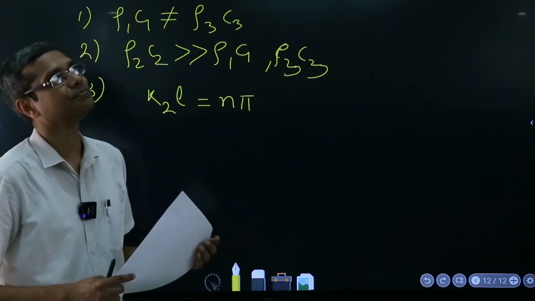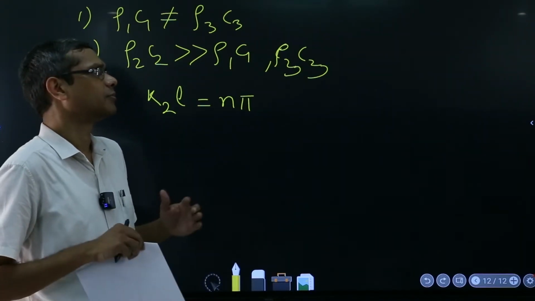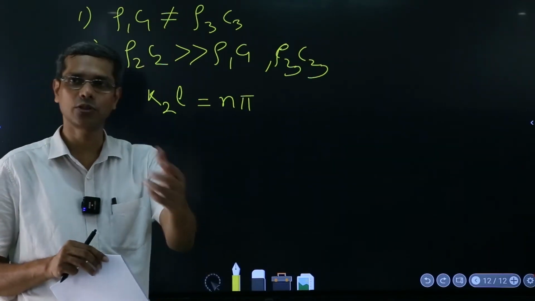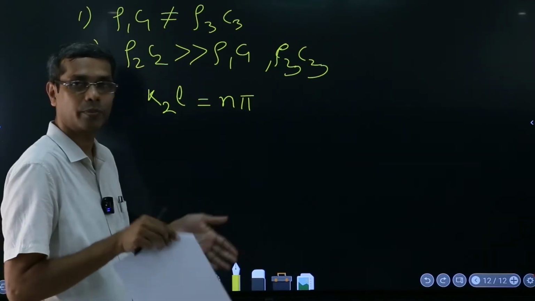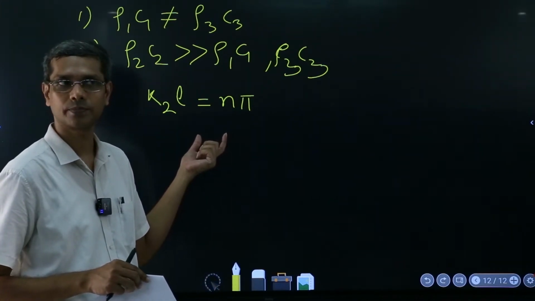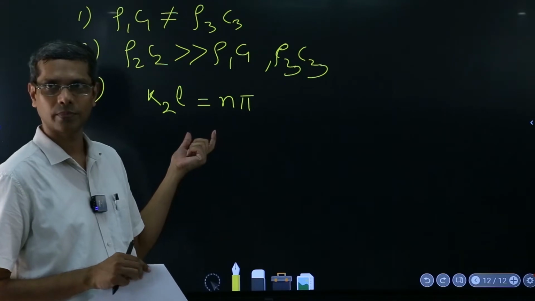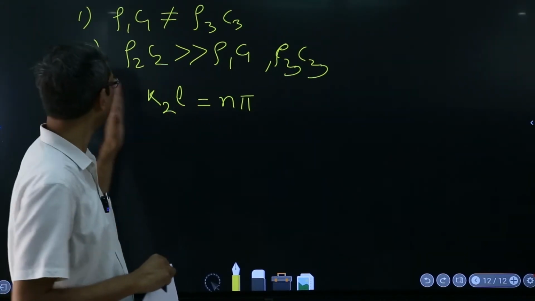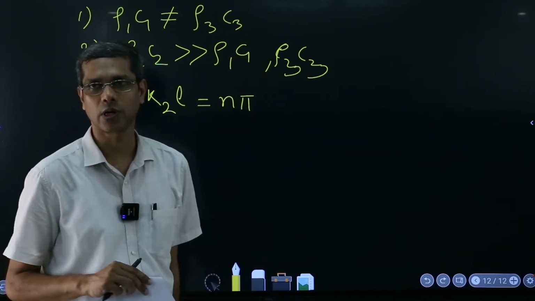Or you can say that if you want some frequency to be transmitted, you can choose the length of the middle layer properly, such that this condition is satisfied. Then again you will have transmission of sound.